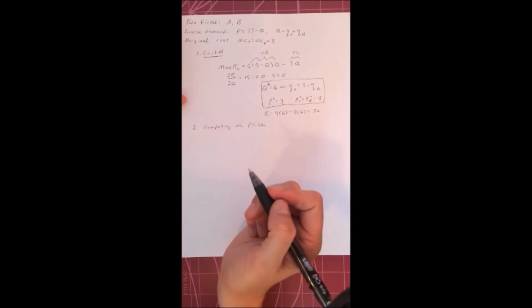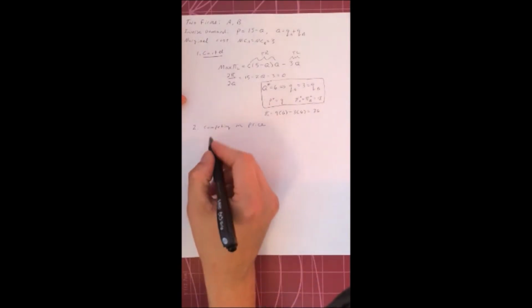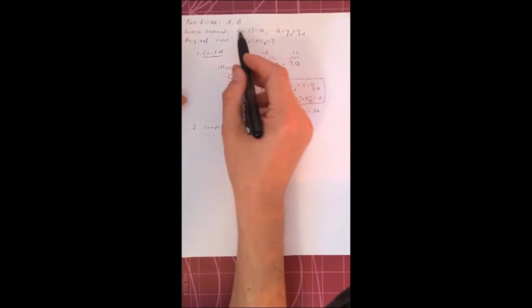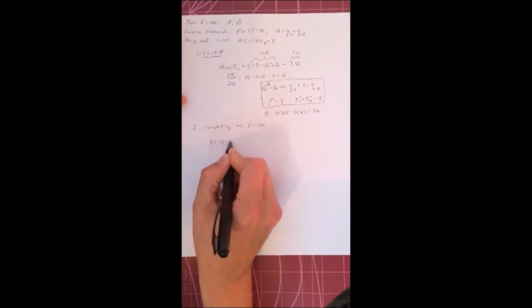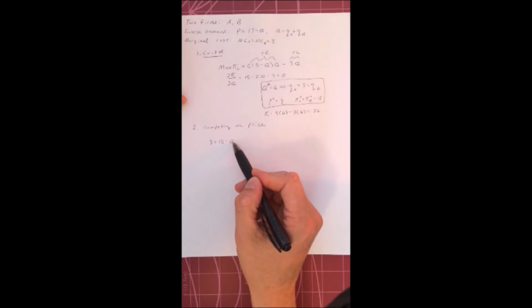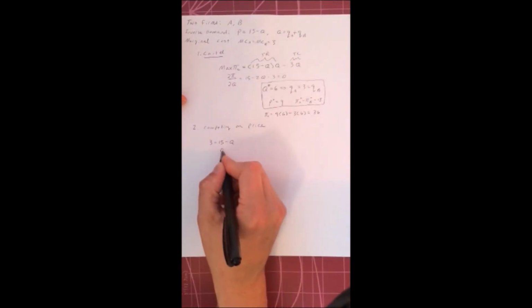So if both firms choose 3 as their price, then I'm going to substitute 3 in for P. Okay, and this is going to be your total output for the whole market, and it looks like that's going to be 12 here.